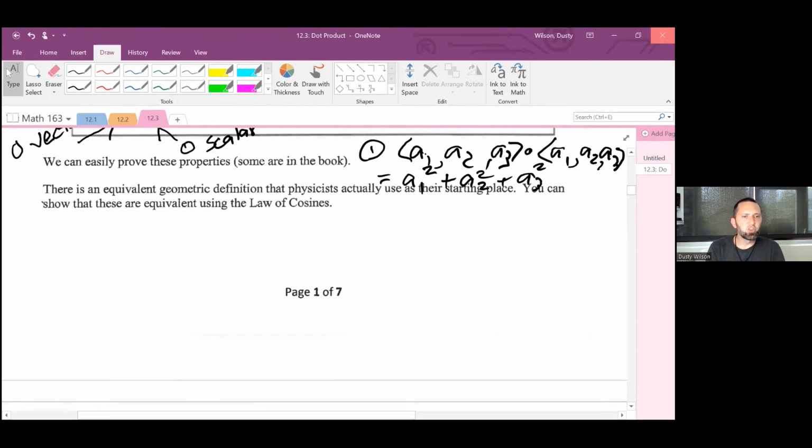There is an equivalent geometric definition that physicists usually use as their starting place. And you can show that these are equivalent using the law of cosines.